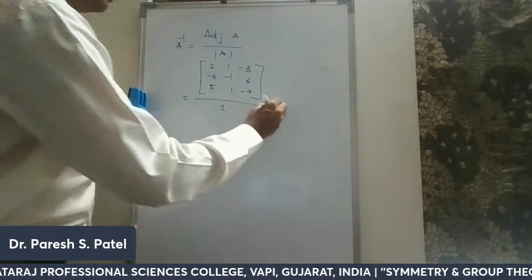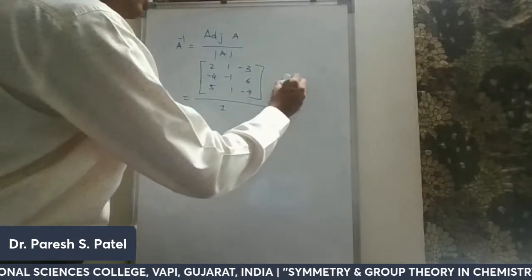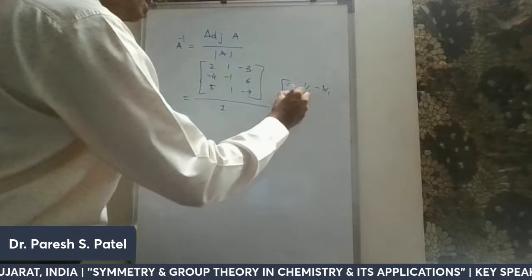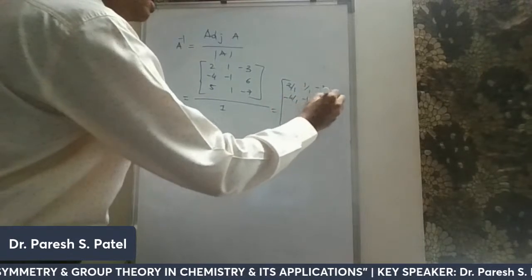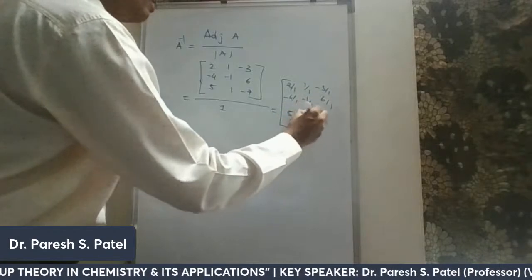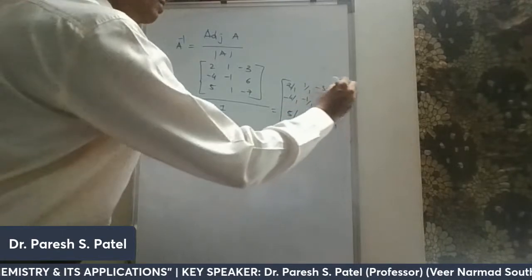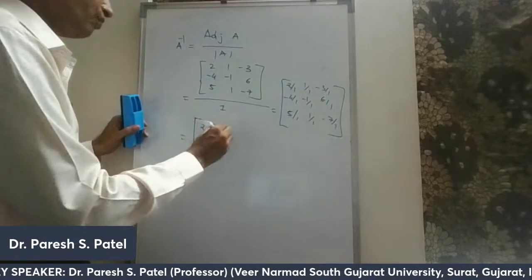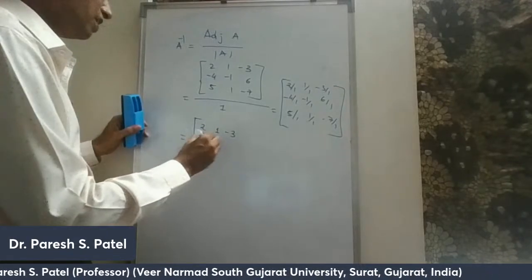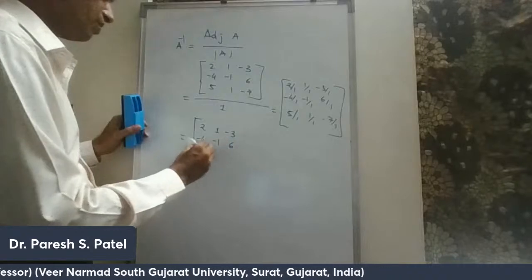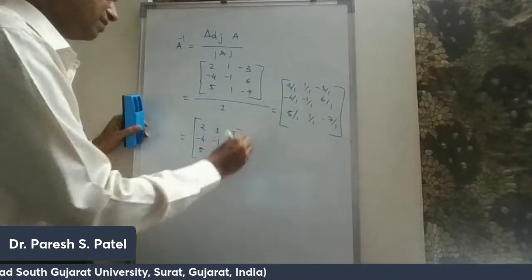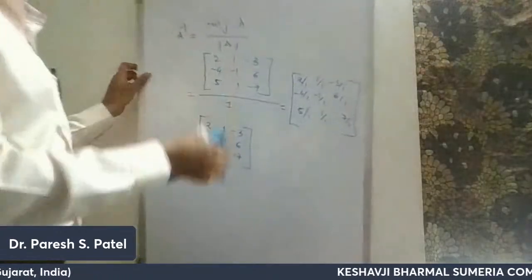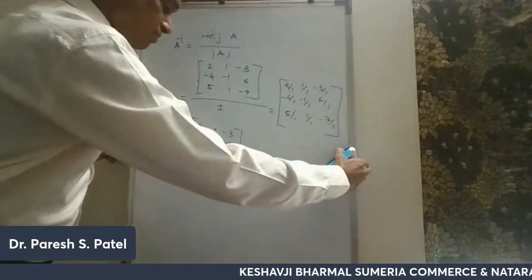Or we can say it can be represented as 2 by 1, 1 by 1, minus 3 by 1, minus 4 by 1, minus 1 by 1, 6 by 1, 5 by 1, 1 by 1, minus 7 by 1. So it is equal to 2, 1, minus 3, minus 4, minus 1, 6, 5, 1, minus 7. Okay, so this is the inverse of this matrix.